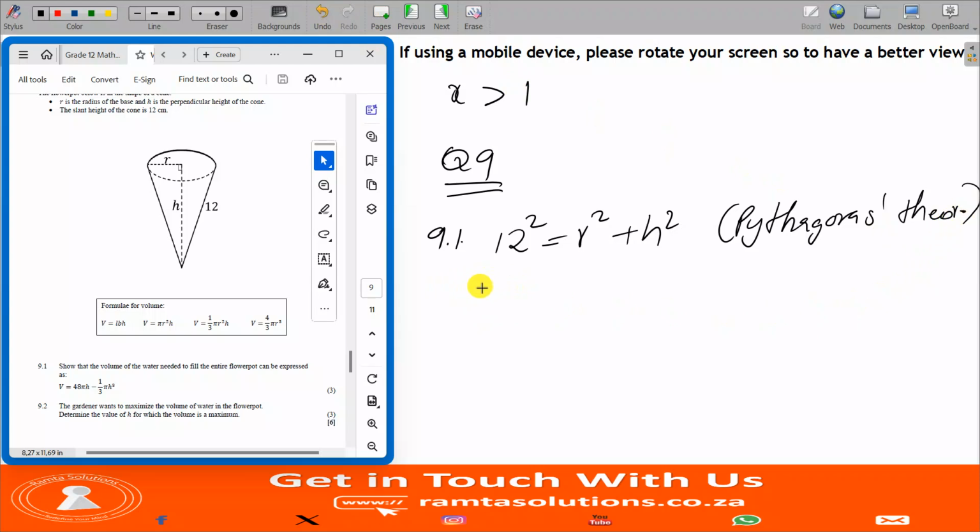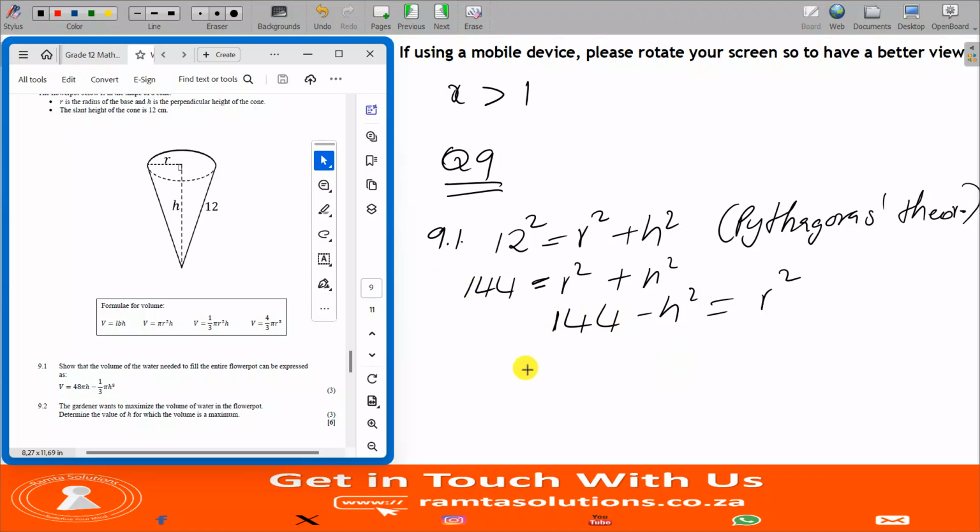So 12 squared is 144. R, I do not know what it is. H squared, I leave it as it is. So this tells me that r squared is 144 minus h squared. To those who struggle when we do this, it's the same as saying 144 minus h squared is equal to r squared.